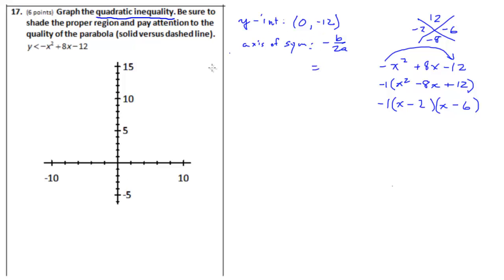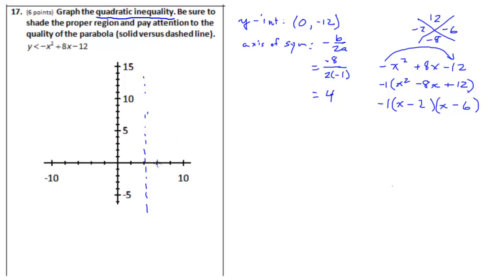So this is going to be the opposite of positive 8, negative 8, over 2 times negative 1. And that's going to be negative 8 over negative 2, or 4. So over 4, here's 4 right here, the axis of symmetry. The vertex is on this line.